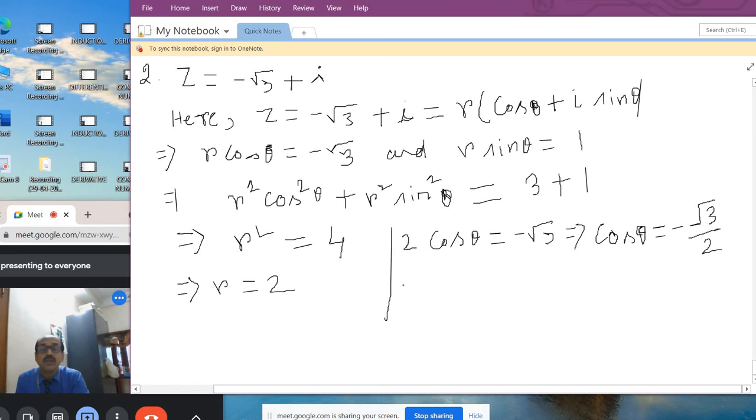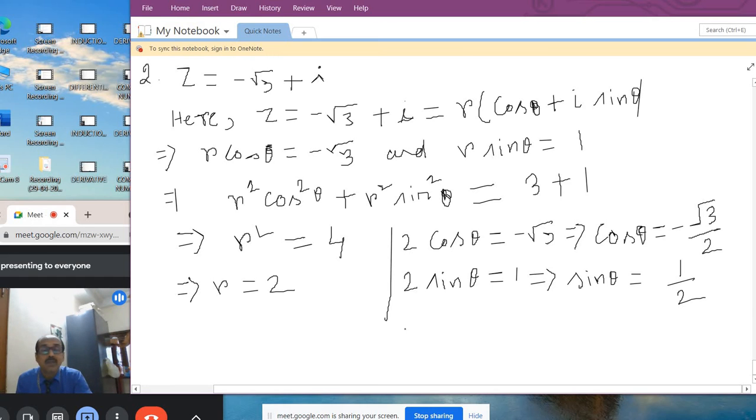And 2 sin theta equal to 1, so sin theta is equal to 1 by 2.